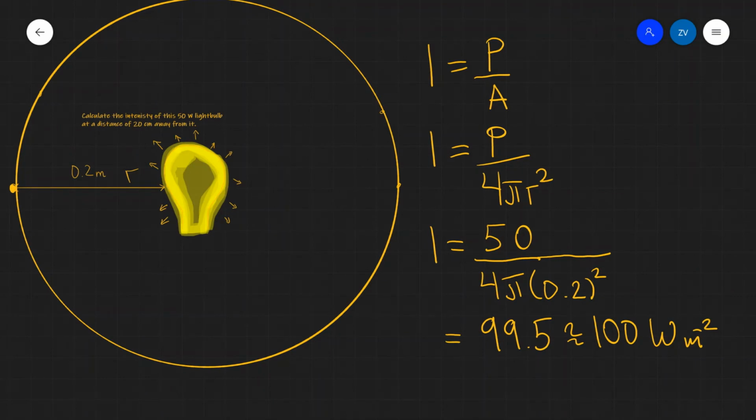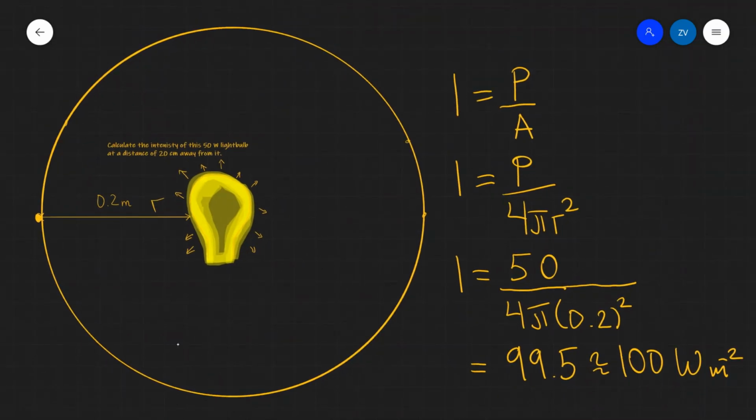Now notice that any point on the surface of this sphere is going to be getting the same intensity, the same amount of joules per second per square meter. So that means that this point here will also get the same intensity, about 100 watts per square meter, and also this point here will also be getting about 100 watts per square meter, and all of the points along the surface.